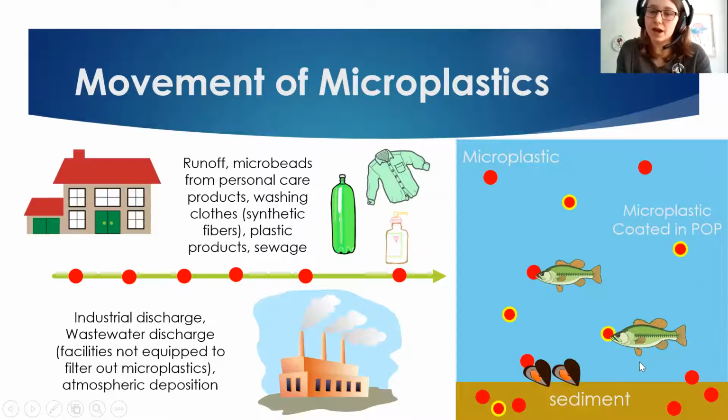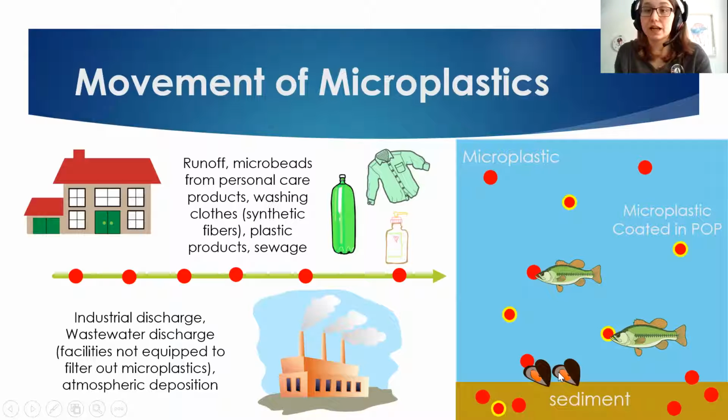And so here's a visual representation of microplastics and how they can come in contact with a persistent organic pollutant. As they travel through the water, they might come in contact, maybe in a polluted body of water. That persistent organic pollutant will attach to the surface of that bead or microplastic, and it can very easily get taken up by a fish, or by a filter feeding organism.